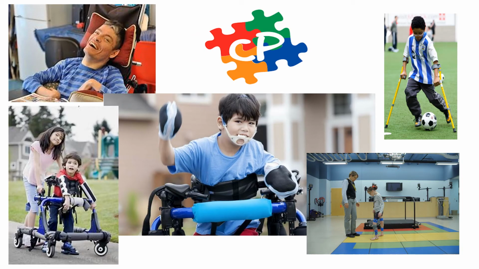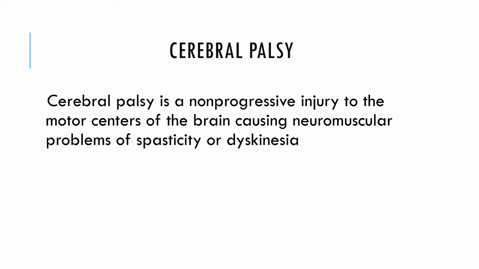Next, we're going to talk about cerebral palsy. Cerebral palsy is a non-progressive injury to the motor centers of the brain, causing neuromuscular problems of spasticity or dyskinesia. This is directly related to a low level of oxygen to the brain, which is carried in blood.